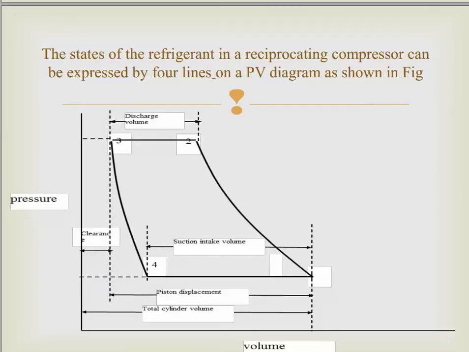With the help of this PV diagram, you can see that we have some clearance volume, and the clearance volume is the gap between the TDC and the cylinder head. 3 to 2 to 3 is the process of discharge volume, and 1 to 4 is the suction intake volume, 1 to 3 is the piston displacement, and the total clearance volume is included in 1 2 3 4 completely.